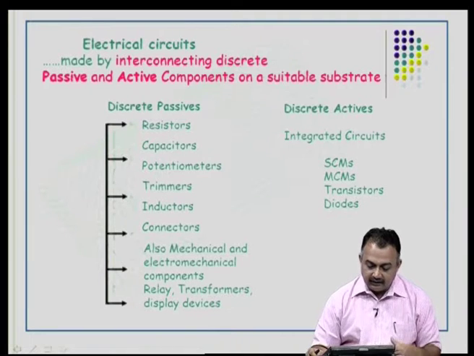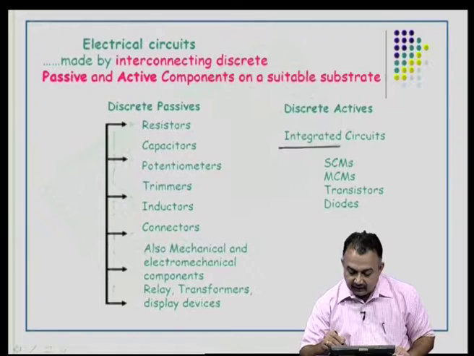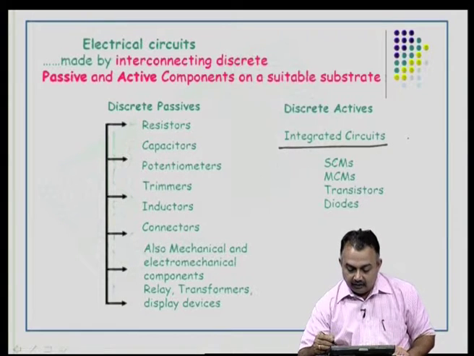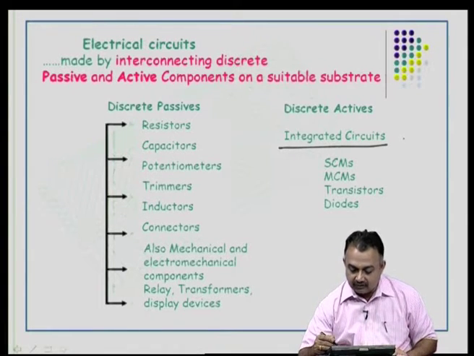Now, what are the basic active devices that we can think about? Basically, they are the integrated circuits, individual ICs, microprocessors, microcontrollers, various transistors and so on.